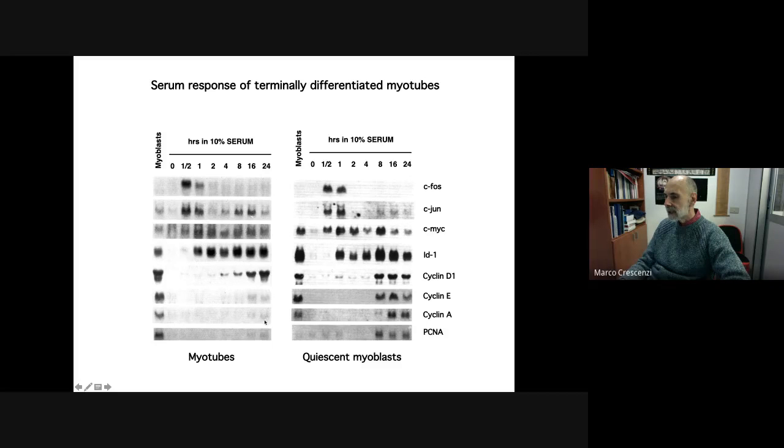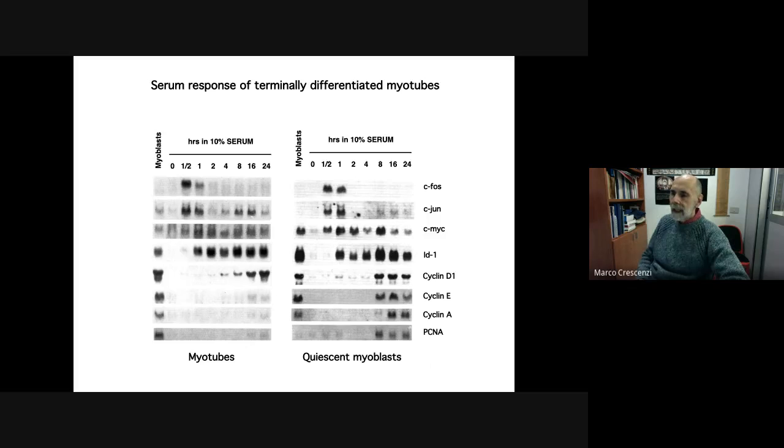The faint signal you see here is due to the contaminating myoblasts I was alluding to before. Now, these genes, cyclin E, cyclin A, PCNA, and many others, mark essentially the transition between G1 and S phase, because these cells indeed are undergoing DNA replication. They're entering S phase, while these myotubes are not able to enter S phase because they never upregulate those regulators and effectors that are necessary for DNA replication to occur.